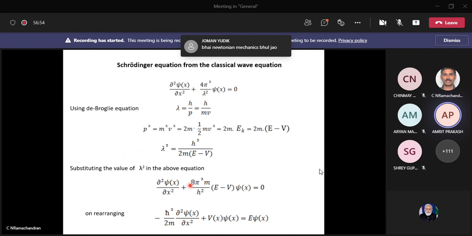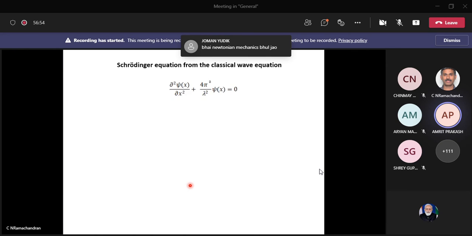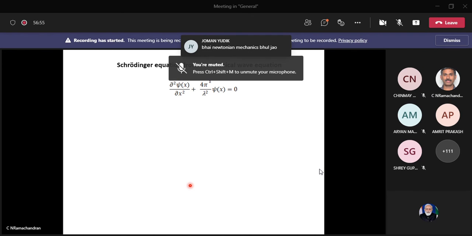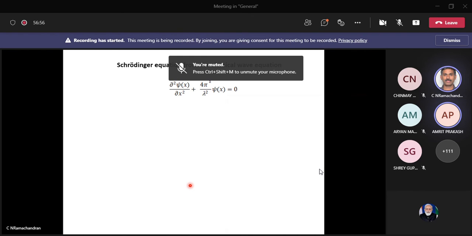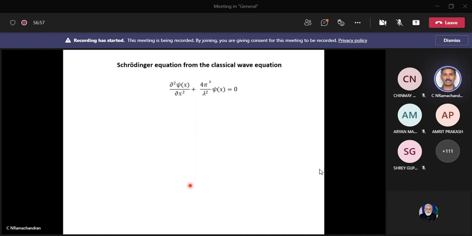I have to go back. What is your question? How come this wave equation is only dependent on the position? No, wave equation is a second order time equation that you know. I'm writing similar equations for that.